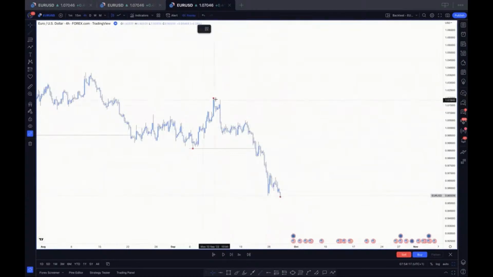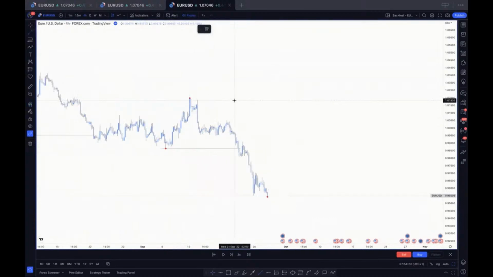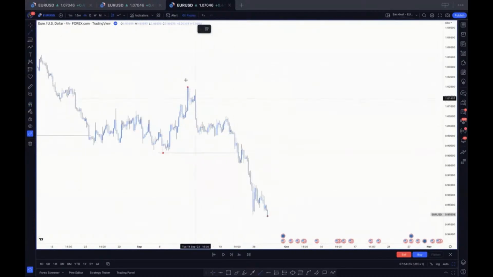Another thing I love to do is I'll normally take the line tool here and put it on the wick, on this last higher high or swing high here, and I'll just tap it there. On my computer, I'll normally hold Command, and then it snaps it in position.